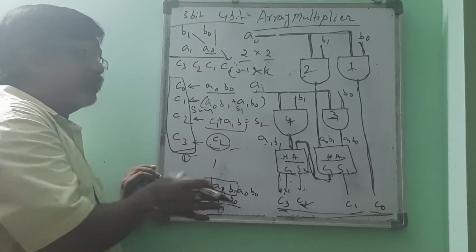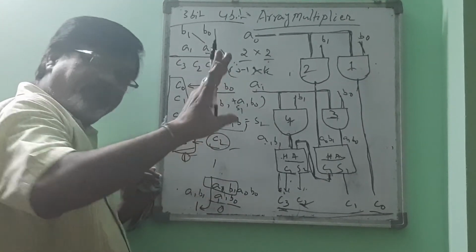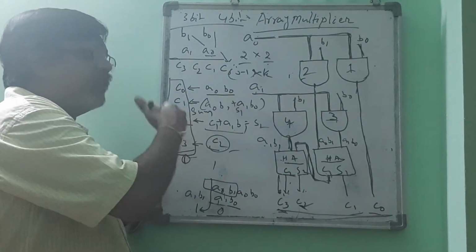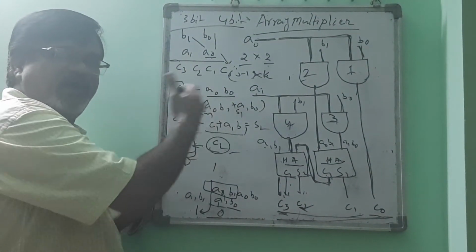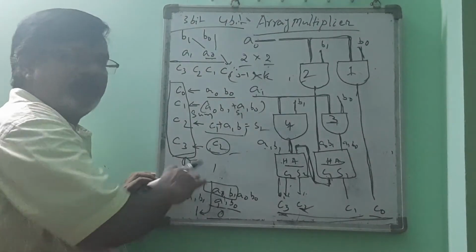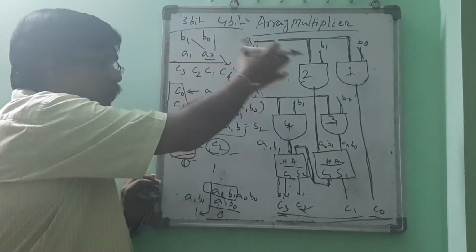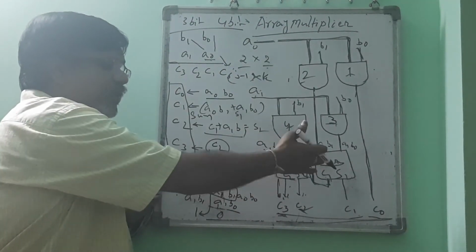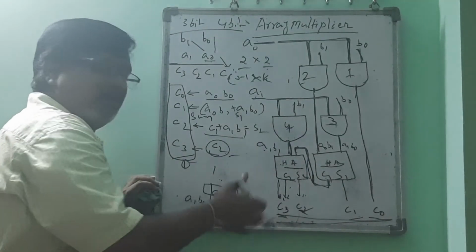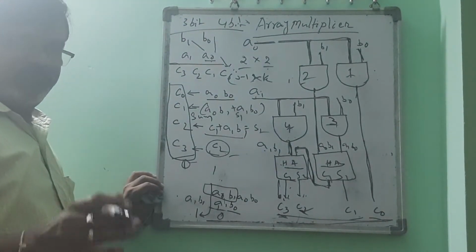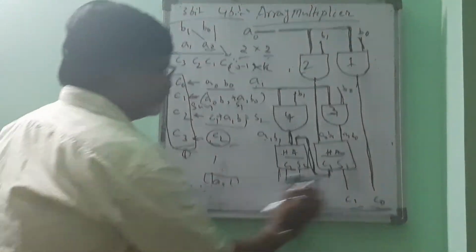We will check with the next diagram, but the explanation is the same. So I will not give more explanation for the next diagram, but I will draw it and show you how many AND gates are added, how many adders are used, and how many bits the multiplication output has. Okay, we will see that diagram.